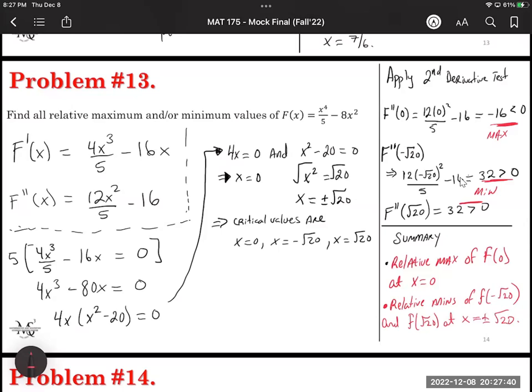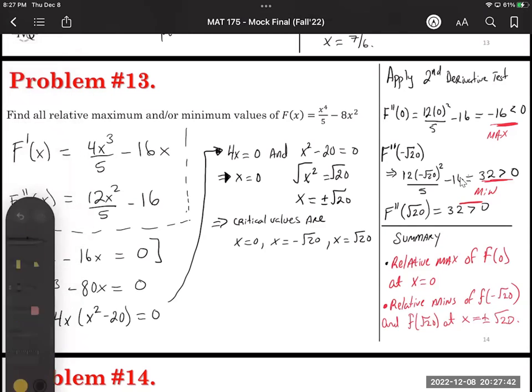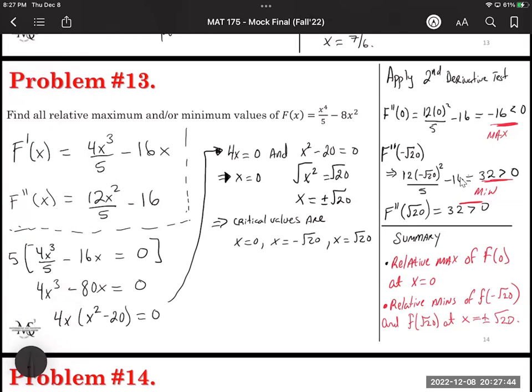All right, so that was the second derivative test used to solve this problem. Even though it says find all relative max and mins, I think it's more important that you can locate where they are.